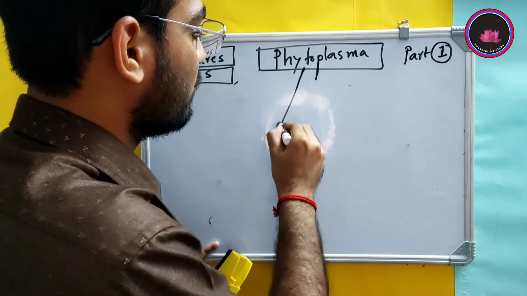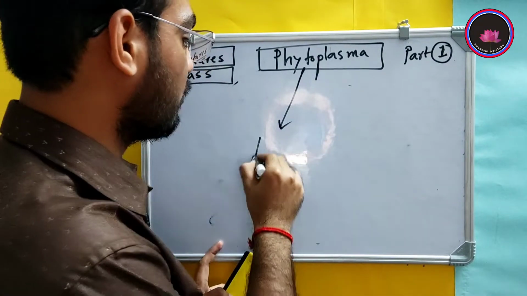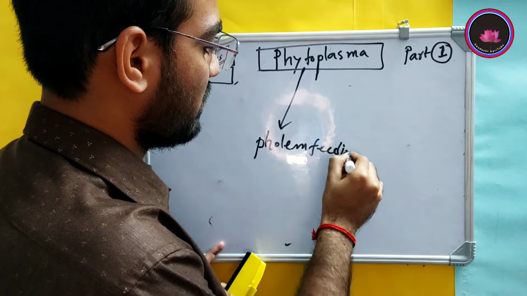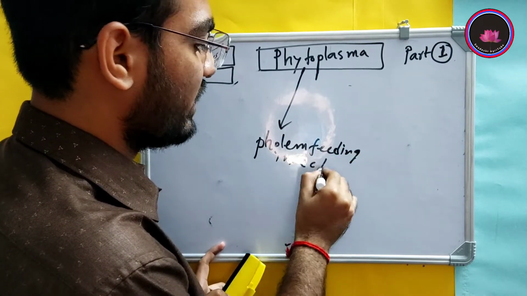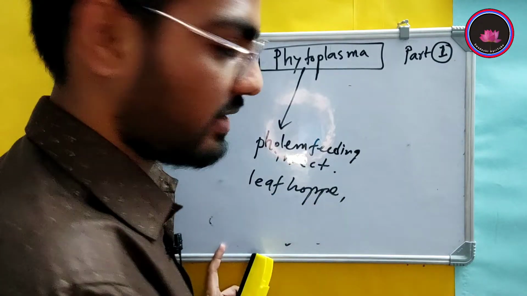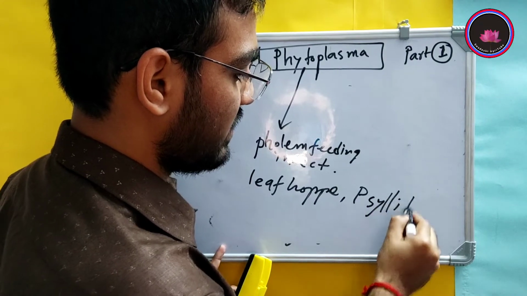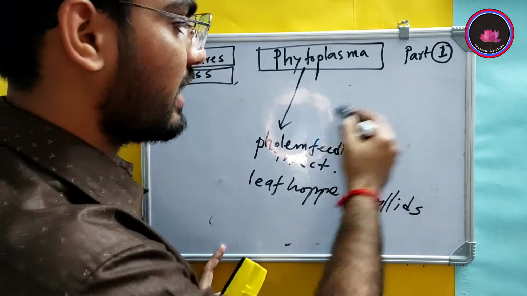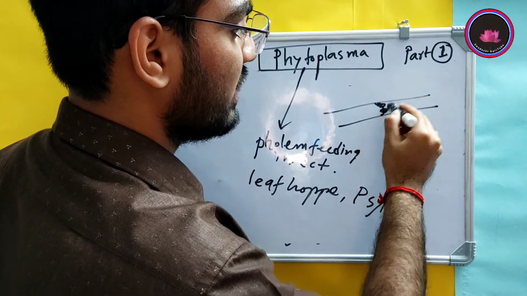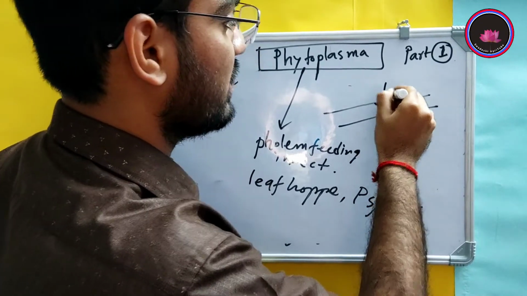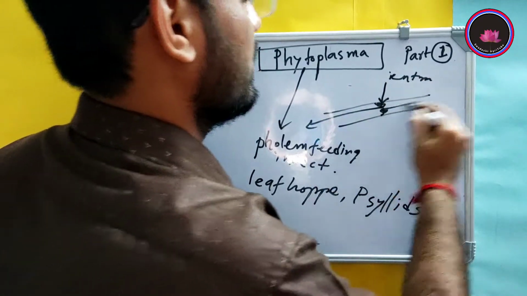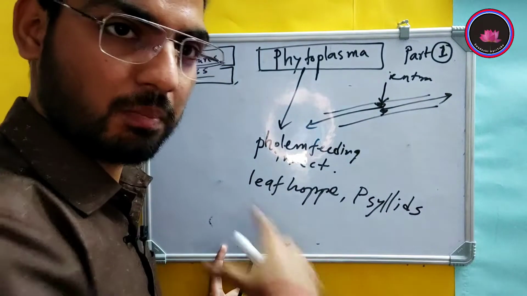The only source of transmission of the phytoplasma is phloem feeding insects, and the phloem feeding insects are the leafhopper, planthopper and psyllids. They will eat the phloem, and in the phloem there is the phloem sieve tube, and into that phloem sieve they will enter. From that portion they will spread in the whole plant by the phloem.